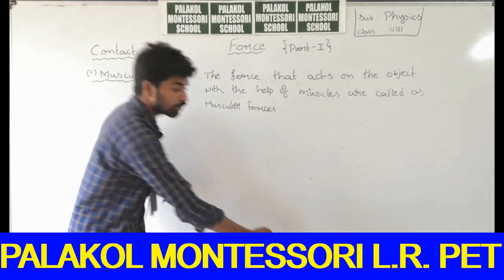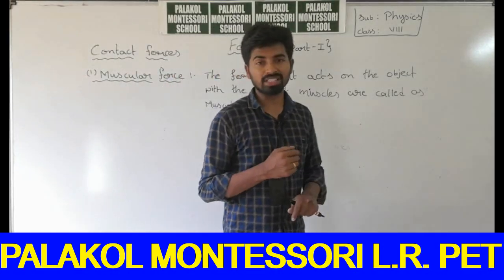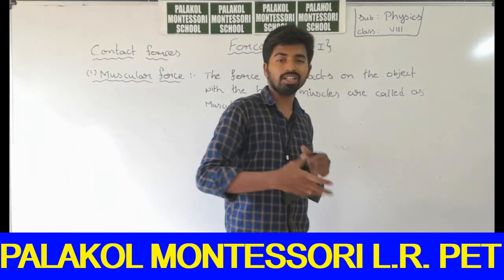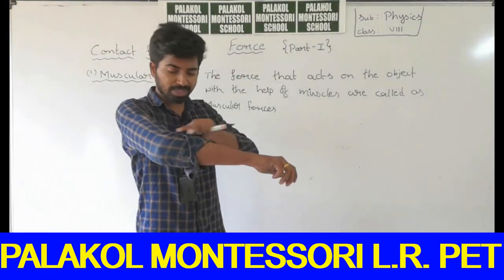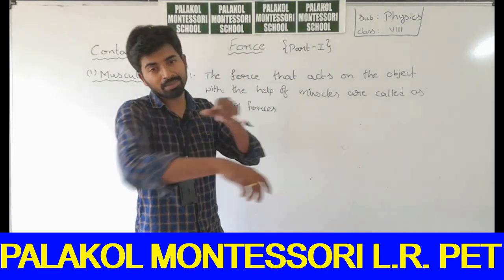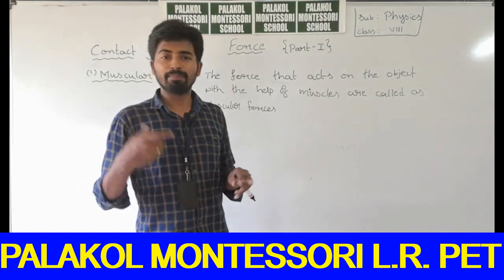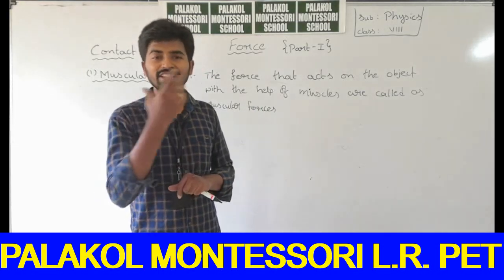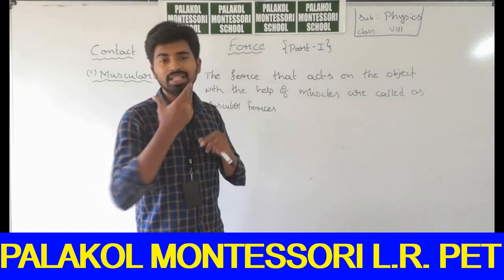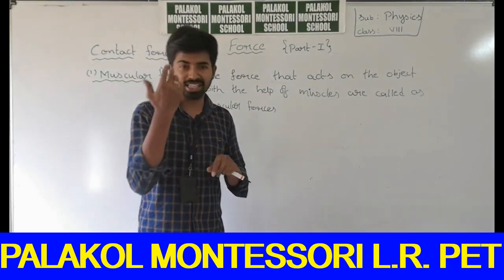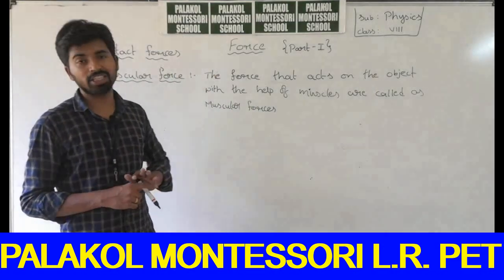We lift school bags. What is helping? Muscles. The muscles present in our hand and in our body perform several works. Here I was talking, so the muscles in my face, the muscles around the mouth, help to apply the force.